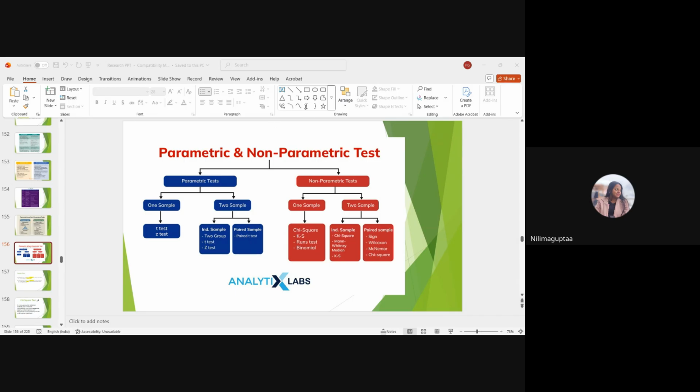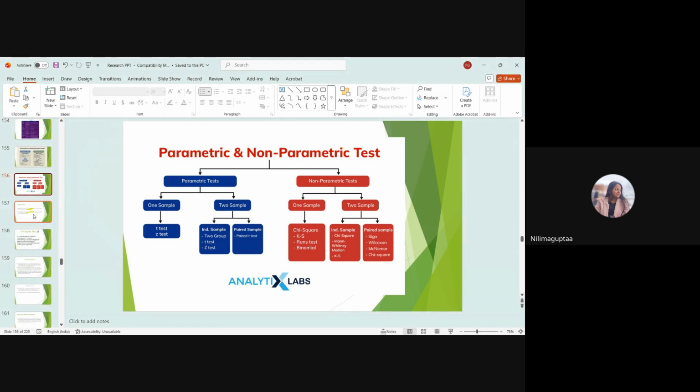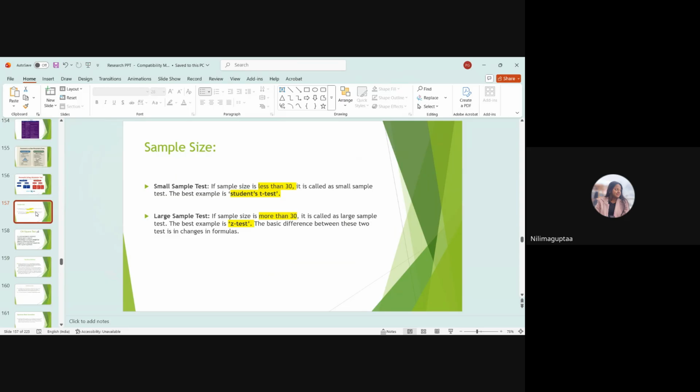We will see in detail some of these tests which are mostly asked in your examination. The sample size, as I told you, should be at least 30. The T test and Z test that we are talking about are parametric tests. If the sample size is less than 30, it is a small sample, and the best example is the T test.